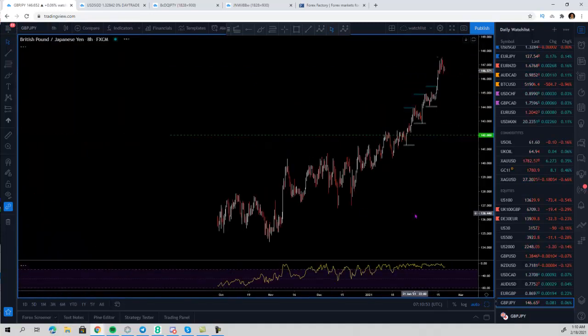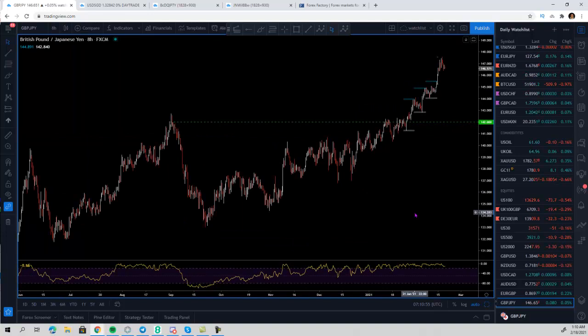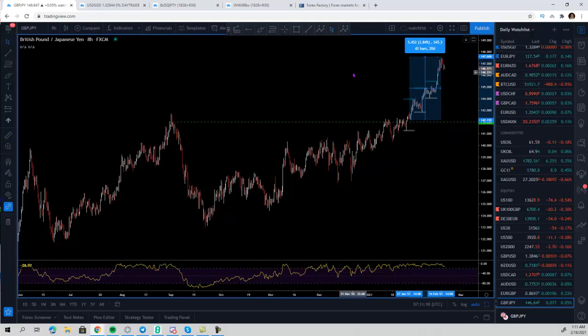Let's go to an 8-hour chart because we're looking at the long-term moves on this currency pair. So what we have here is that after the breakout of the 142, from bottom to top, this currency pair has rallied 545 pips, about a 3.75% rally.